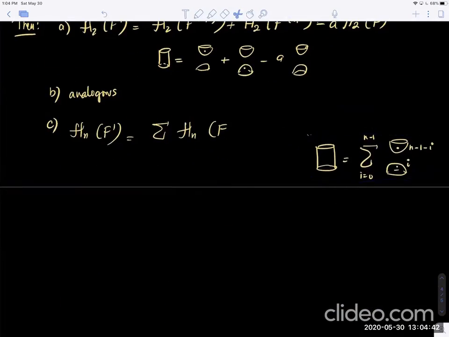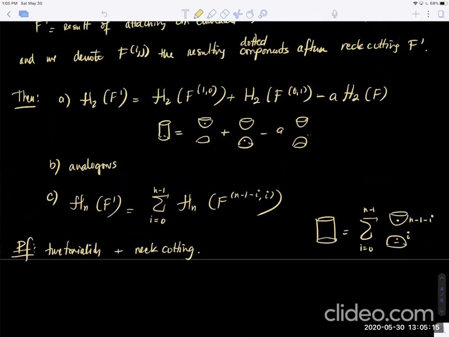For SLN, we have this, in which case we're going to have F with N minus 1 minus I, comma I, and we're going to sum where I ranges from 0 to N minus 1. I'll write it, but this is really just functoriality plus the neck cutting relation. Okay, nothing too fancy so far. In fact, very straightforward.